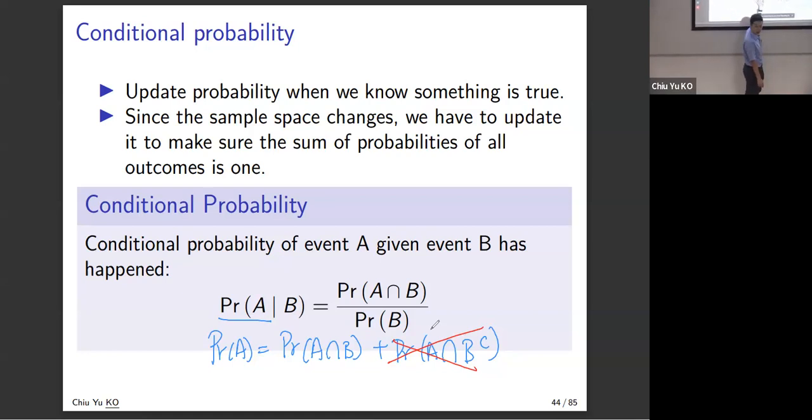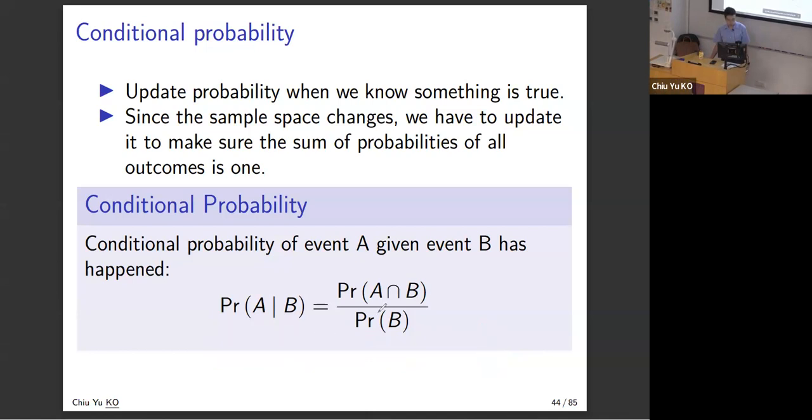Given that B happened, probability of B must be 1. So B intersect B is just B, and you need this to be 1. So we just rescale it so that it equals 1. That's the idea. Okay, is that clear why this is true?